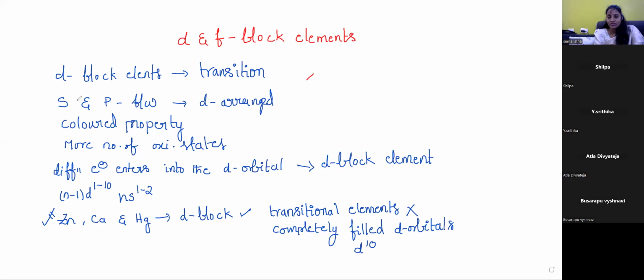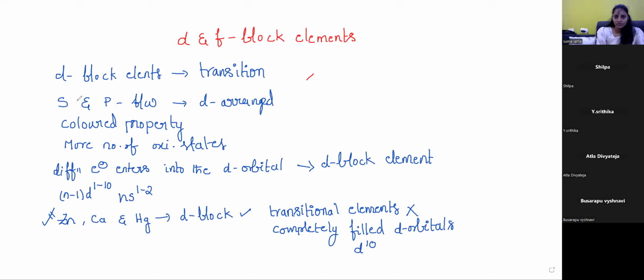Because of this, electron transitions are not happening. If electron transitions are absent, they cannot absorb wavelengths in particular regions, so they cannot show color. That is the reason we cannot call them transitional elements.